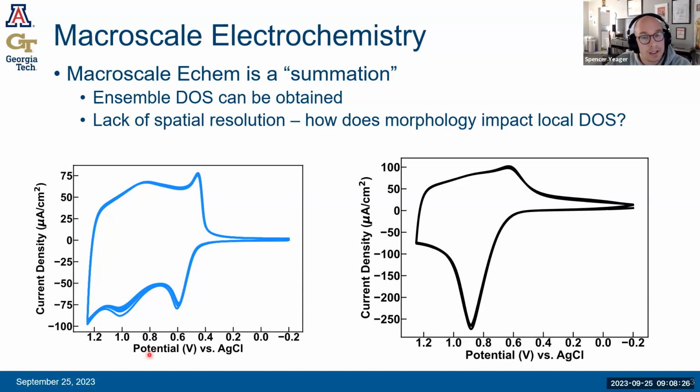But the thing to highlight here is that in P3HT, we see two redox events, one here at a lower anodic potential and one at a higher anodic potential. This corresponds to the crystalline regions of P3HT being oxidized and then the amorphous regions of P3HT being oxidized.